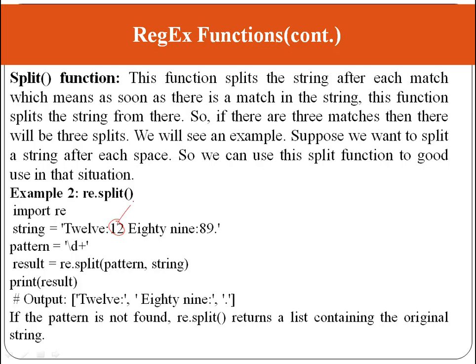This is the match that has been found, so it has split over here. Then there is a match of another word, and it has given us three pieces because this dot has also come, so this is another split. So re.split returns a list containing the original string when the pattern is not found.